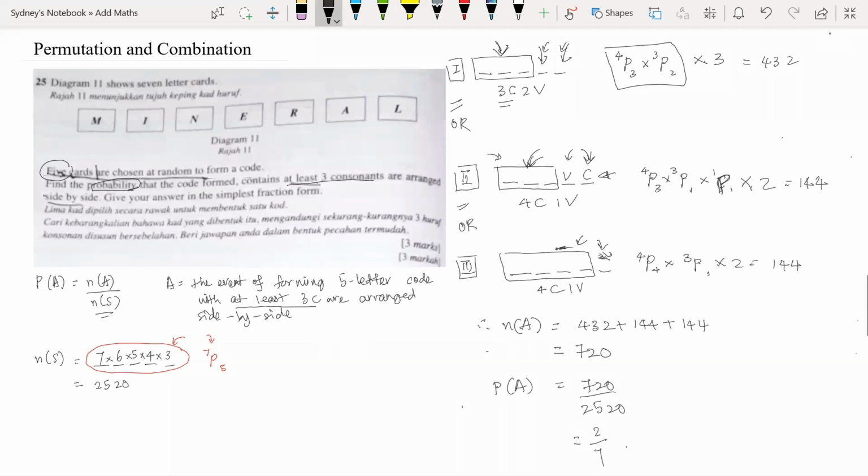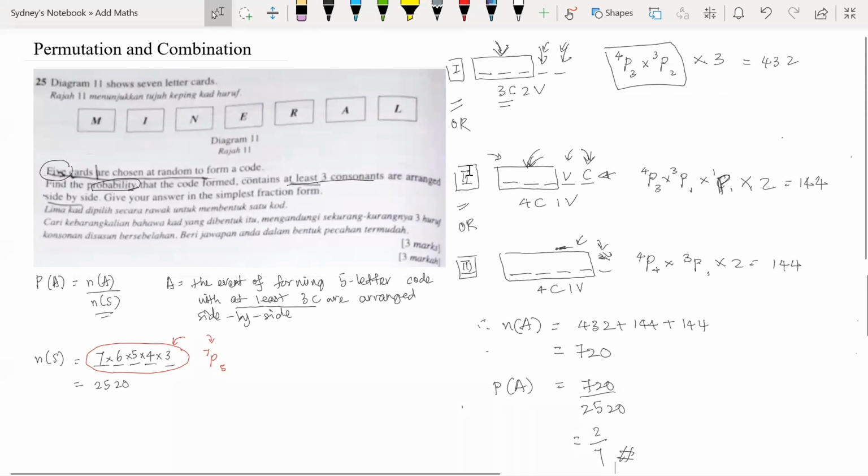We get 2 out of 7. That's it. For this method, you use the permutation right away, and the last step is to think of how many ways such an arrangement can occur for this team to swap from the first position to the second position to the third position.